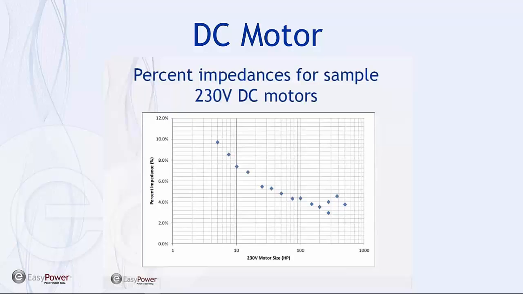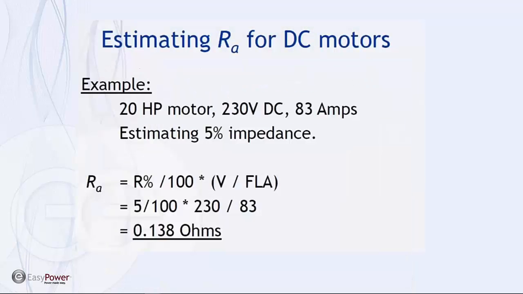So for instance, if we were looking at a 20 horsepower motor, we'd expect the impedance ratio to come in somewhere around 5 plus or minus a quarter of a percent. So you take that value and you're able to come up with an estimate of the armature resistance by essentially this equation. So let's say for a 20 horsepower motor, 230 volts, and a maximum current of 83 amps, we're estimating that's roughly a 5% impedance ratio based upon that graph.